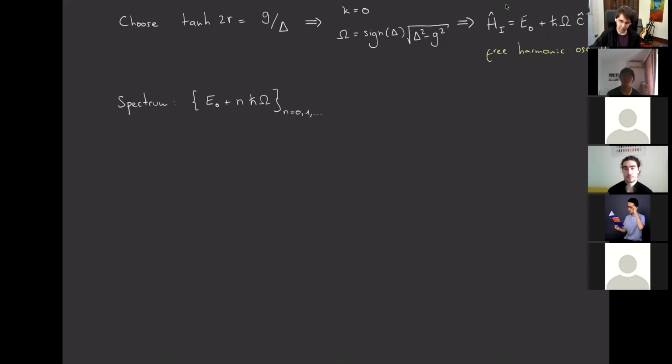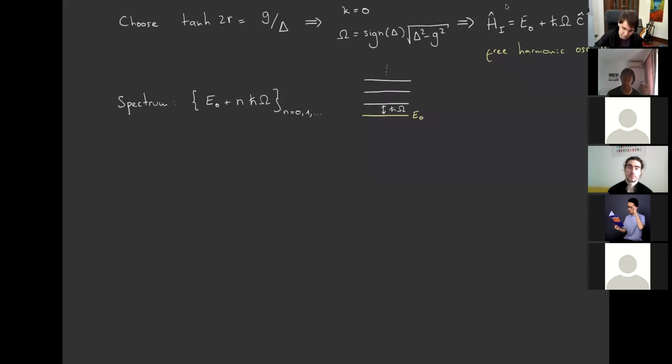If omega is positive, the spectrum is just what we have seen before. It starts at energy E0, and then we get this kind of ladder in which we have a uniform spacing h bar omega.